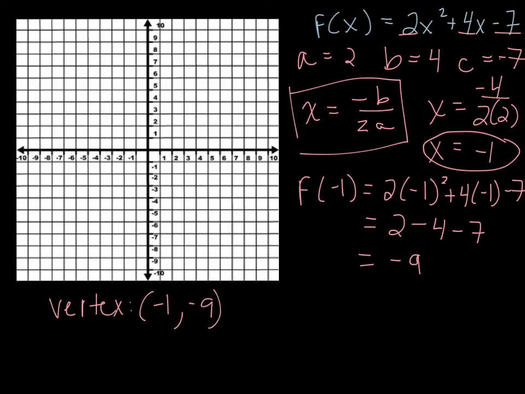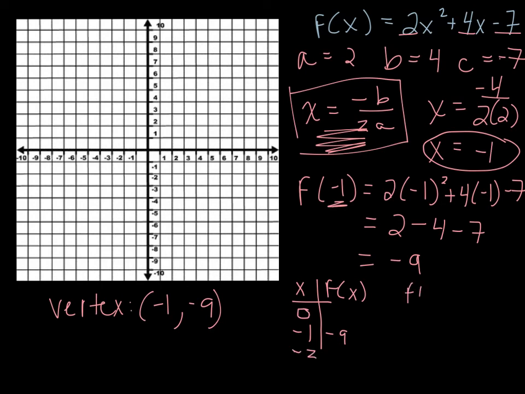We got the x-coordinate by using this formula, and then we got the y-coordinate by plugging in the x value. And then for today, I'm going to show you a shortcut tomorrow, but for today, all we're going to do is plug in our vertex to a table and go 1 above and 1 below.